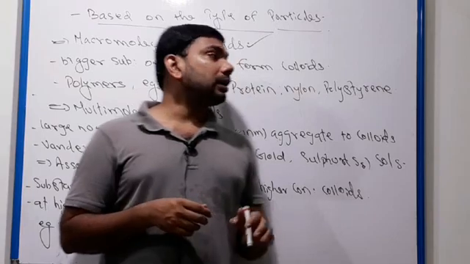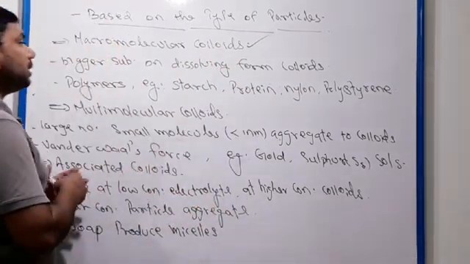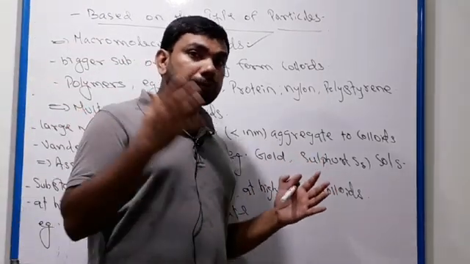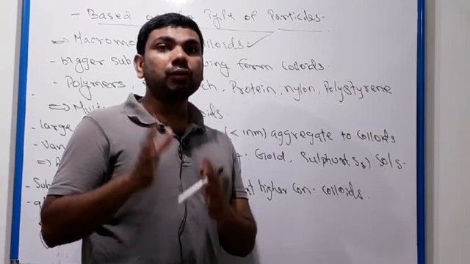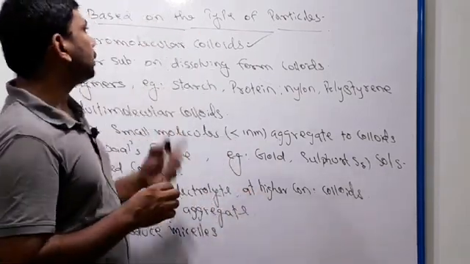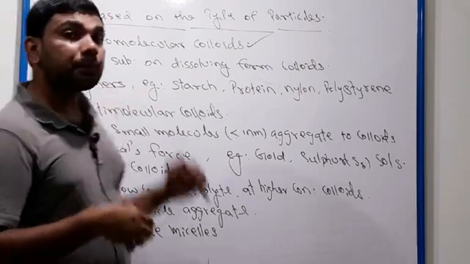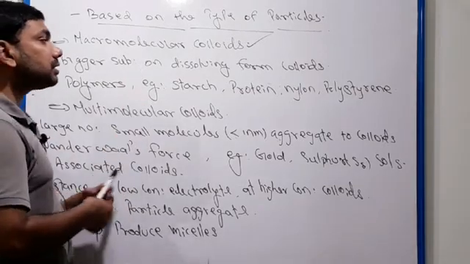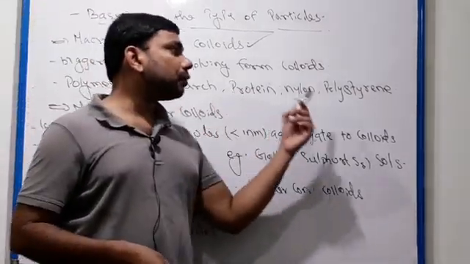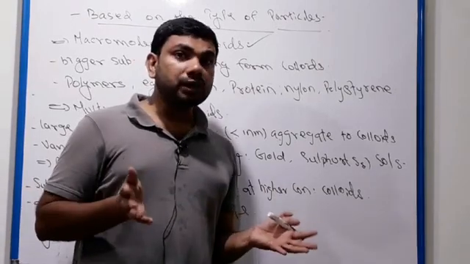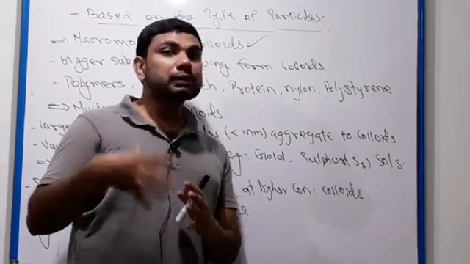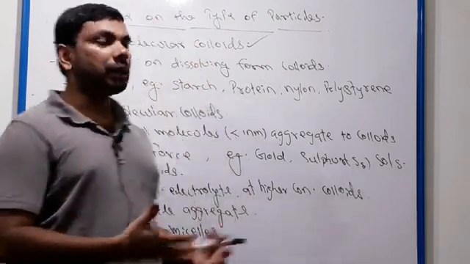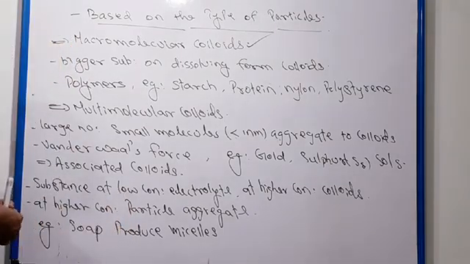Examples of this type: starch, protein, nylon, polystyrene. These are polymers. In a suitable dispersion medium, these polymers will break down and form colloidal particles. Clear? This is macromolecular colloid.